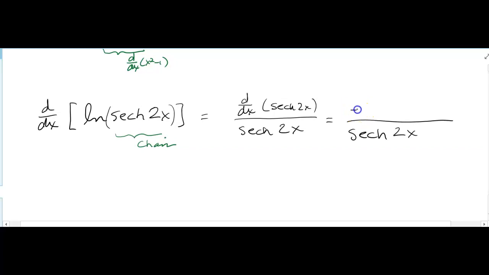The derivative is negative sech 2x tanh 2x times, it's another chain rule. Look, this is a chain. So then I need d/dx of 2x, which is simply multiply that whole thing by 2. Well, this isn't bad because you can see that cancels with that. And our final answer looks like what? There's a negative 2 tanh 2x. So some of them are just that easy.